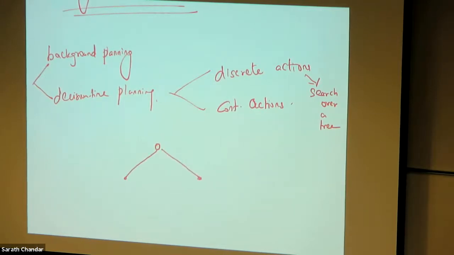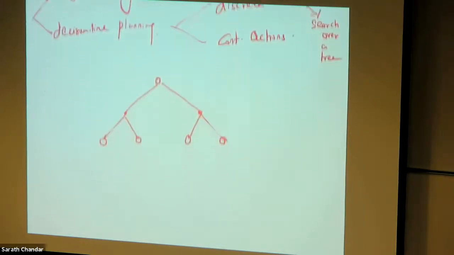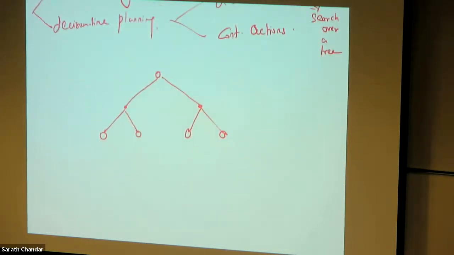Let's say there are 2 actions here. Now for each action, there are many possible next states. Just for simplicity, let's say there are 2 states possible. We're going to consider only 2 actions and two possible next states, just to make the tree look pretty. So you have 2 possible actions, possible next states, possible actions, and so on.